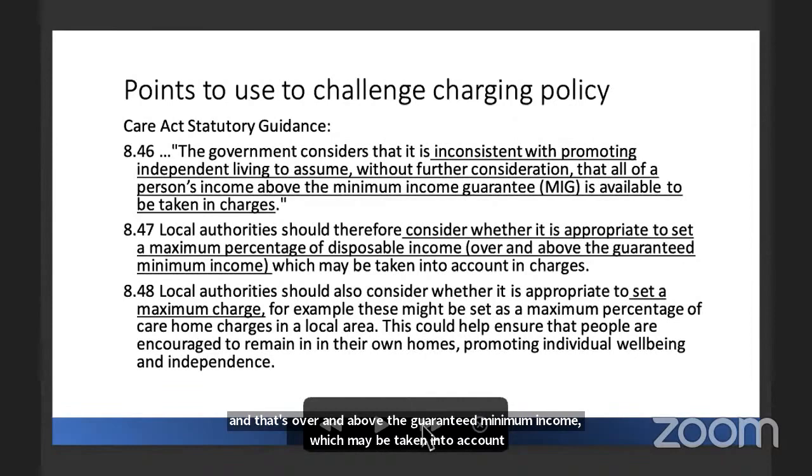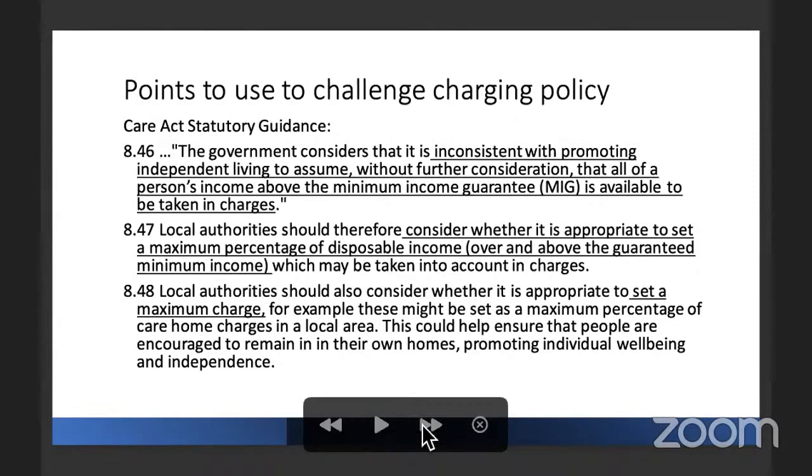And finally, 8.48 is that local authorities should consider whether it's appropriate to set a maximum charge. For example, this might be set as a maximum percentage of care home charges in the area. This could help ensure that people are encouraged to remain in their own homes, promoting individual well-being and independence.